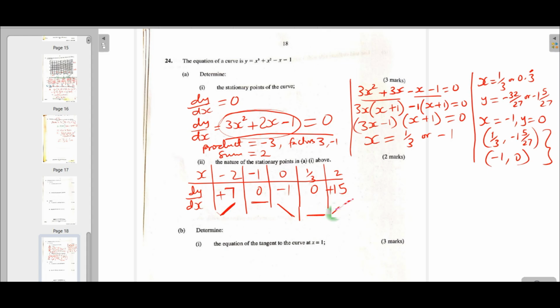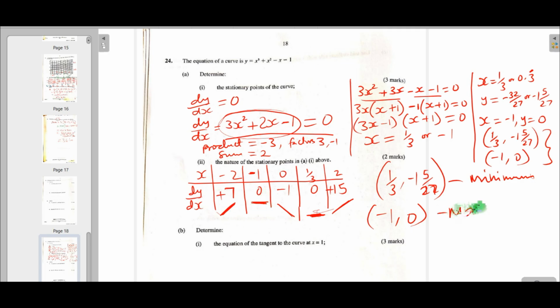Therefore, for a third, -1 5/27, when x is a third at this point, it is actually a minimum point. So for this, that point is minimum. Then the other one, -1, 0, it is maximum. It is a maximum point.